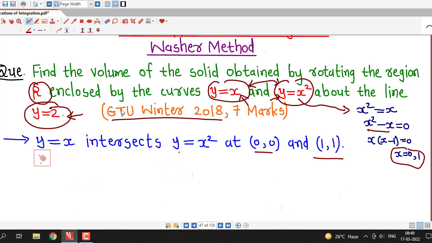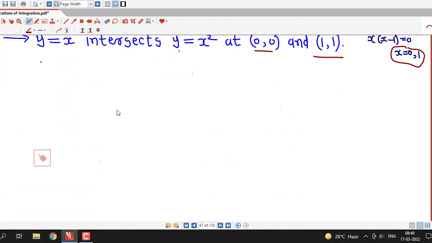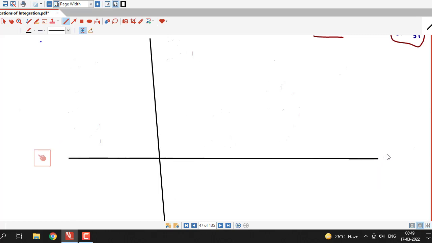Now we try to sketch the region enclosed by the curves y equal to x and y equal to x square. For that we first consider a two-dimensional plane. Suppose this is the x-axis and here we have the y-axis.